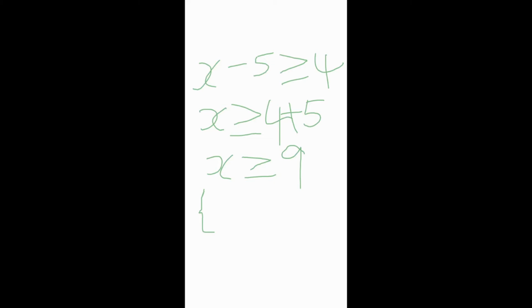You'd have started with 9, and so I continue: start with 9, 10, 11, and I use 3 dots and I close. So this is a set. This is known as a solution set.